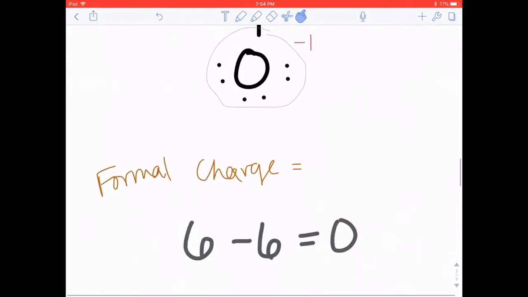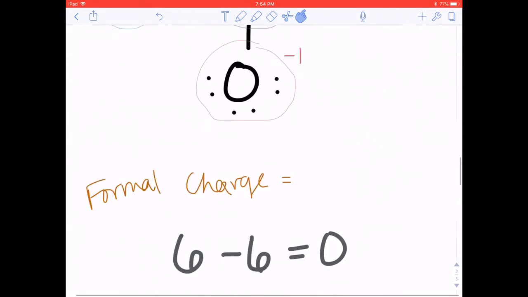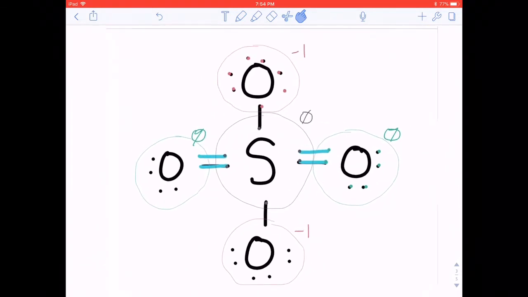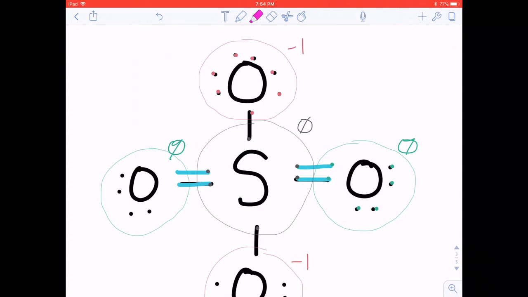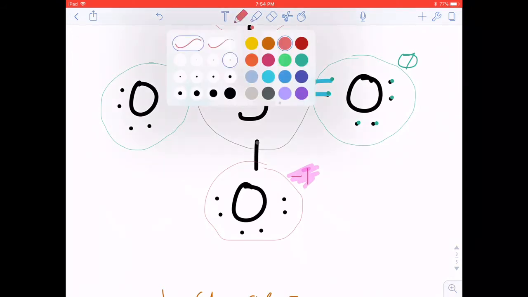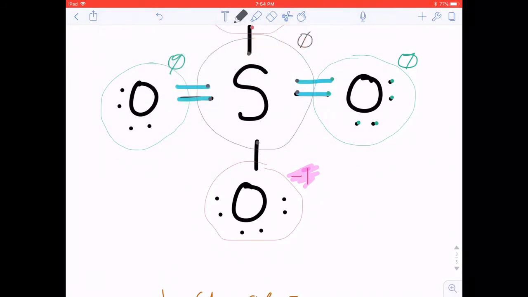So then you add those -1s together again. So if you add these two -1s, you will end up, so -1 plus -1 equals -2.